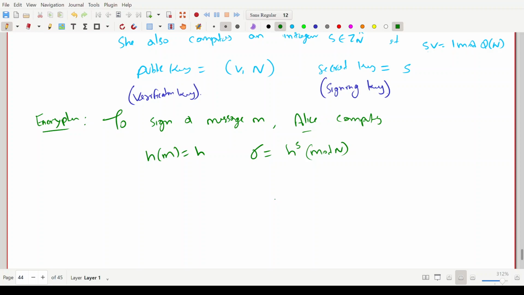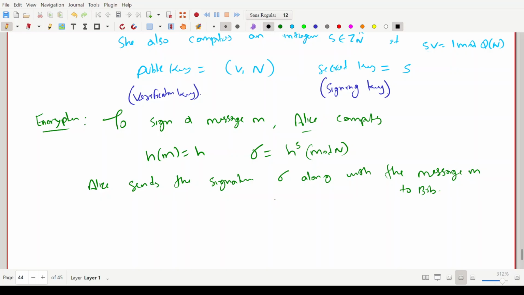Okay, so Alice sends the signature sigma along with the message M to Bob. Bob is the verifier here. So now let us see what is the role of Bob.